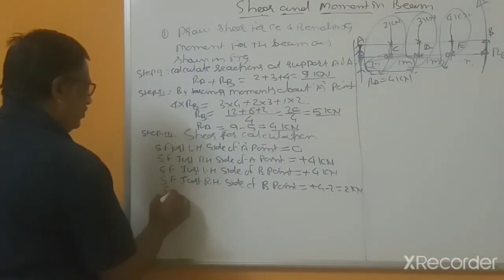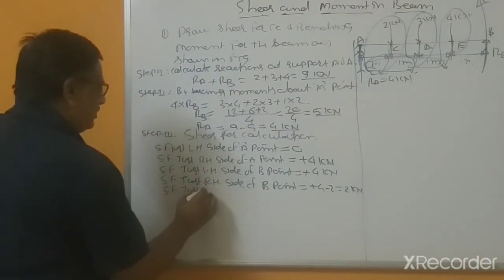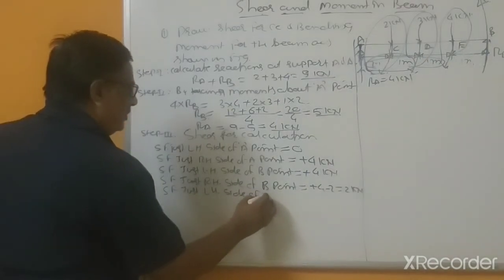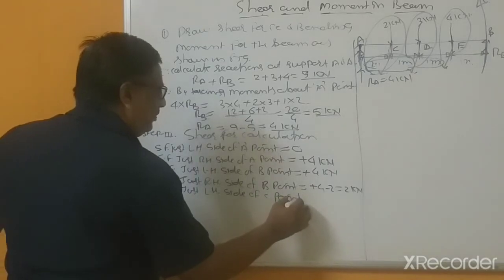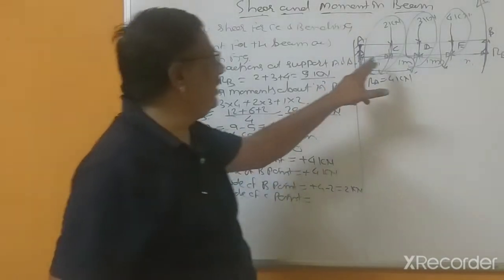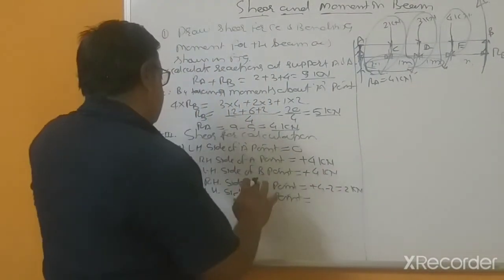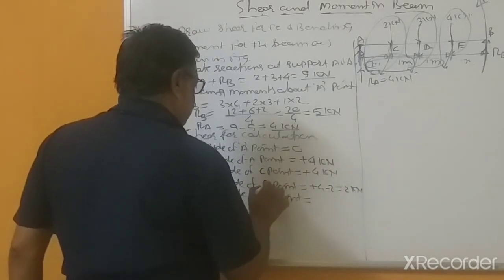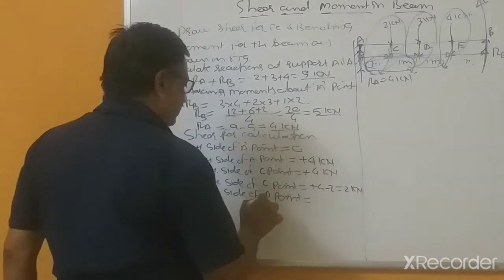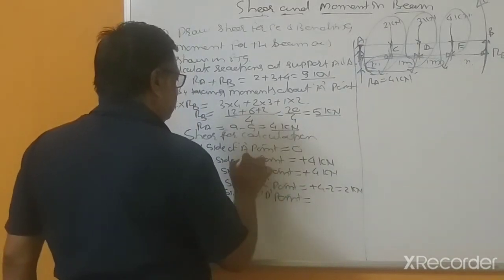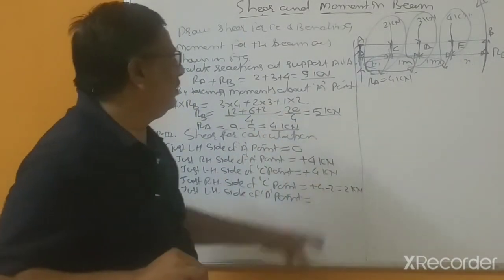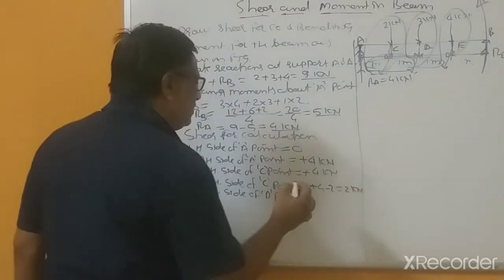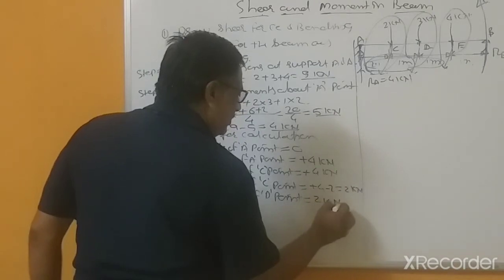Next, shear force just left hand side of C point, again up to C point, sorry, this is C point, and this is D point. Means D point just left hand side, there is no force, that's why this is 2 kilonewton.